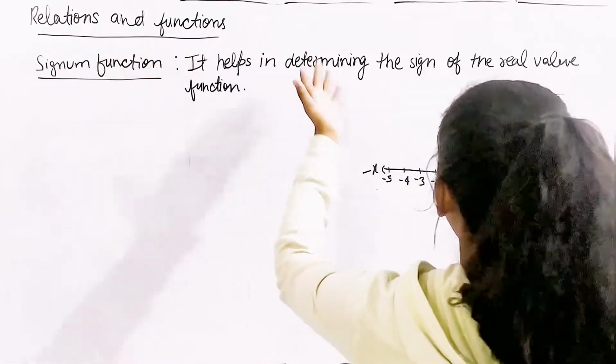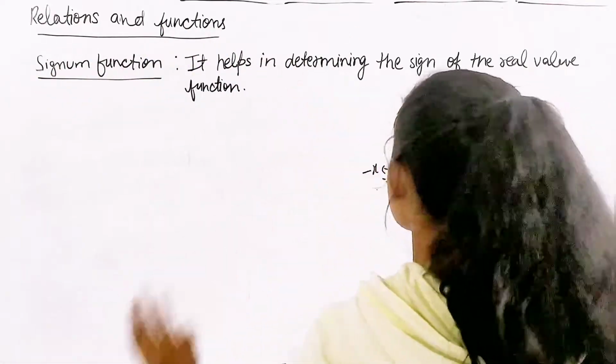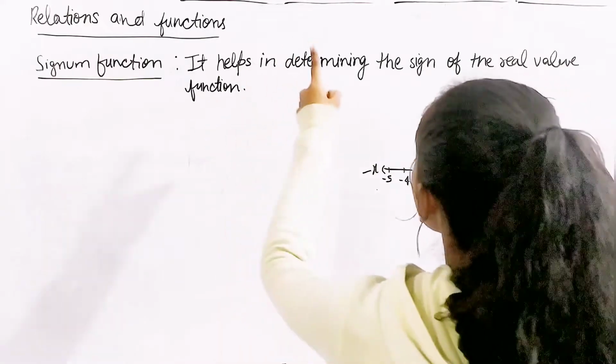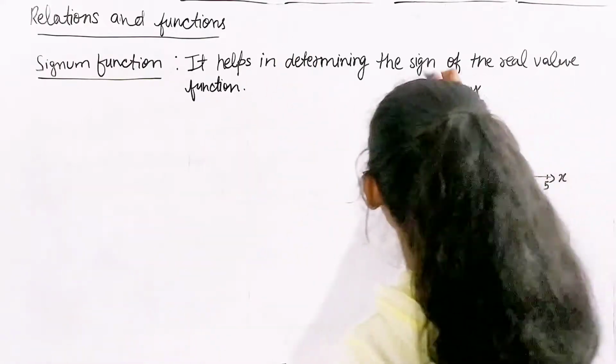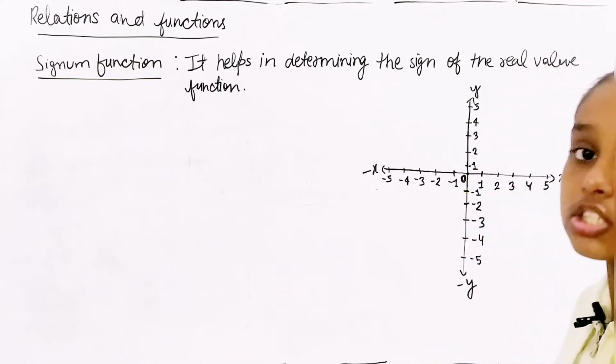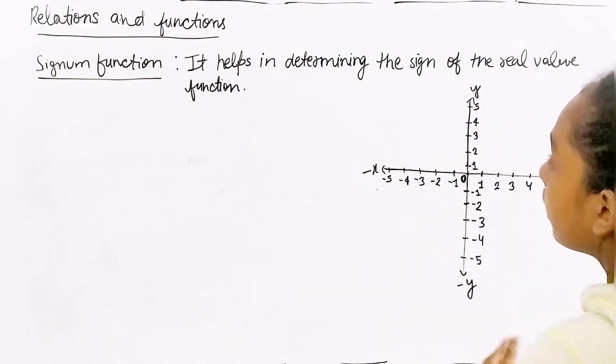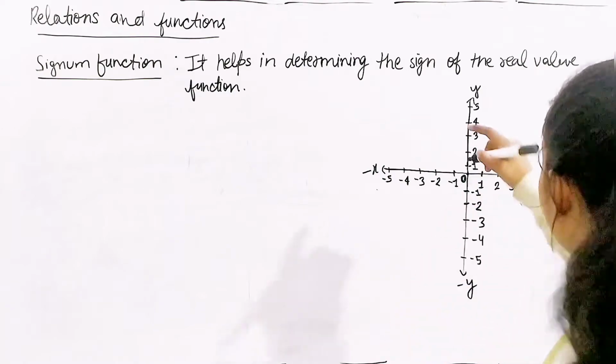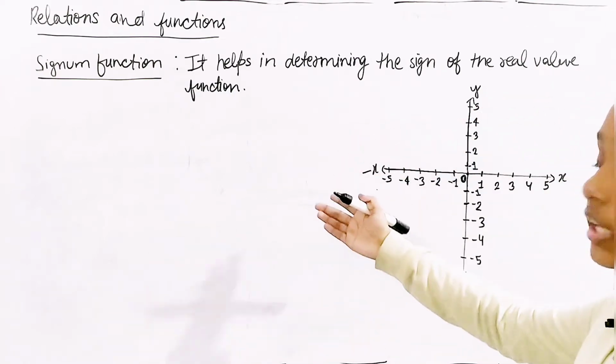Whatever you want to say, determining, that's your choice. It helps in determining the sign of the real value function. So what does that mean? It's just going to determine the sign. That's it. And the real value function we're having.